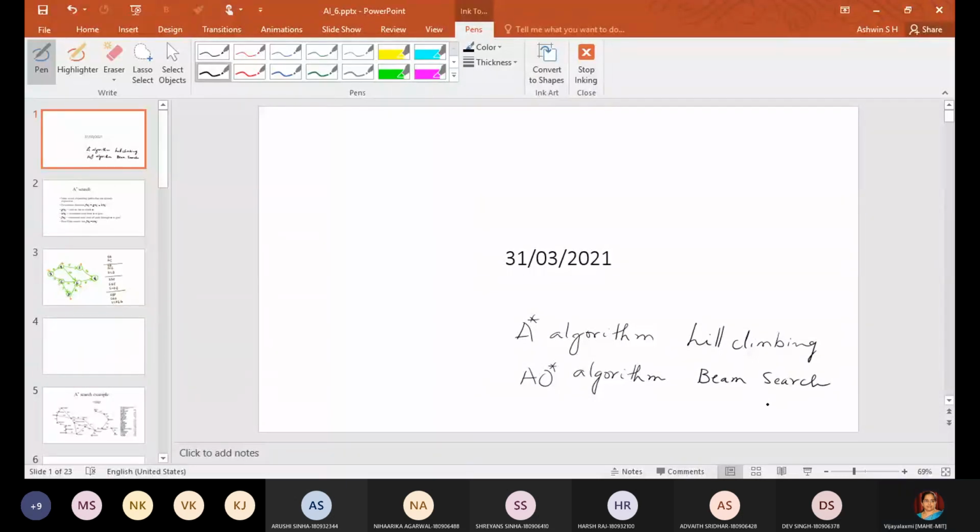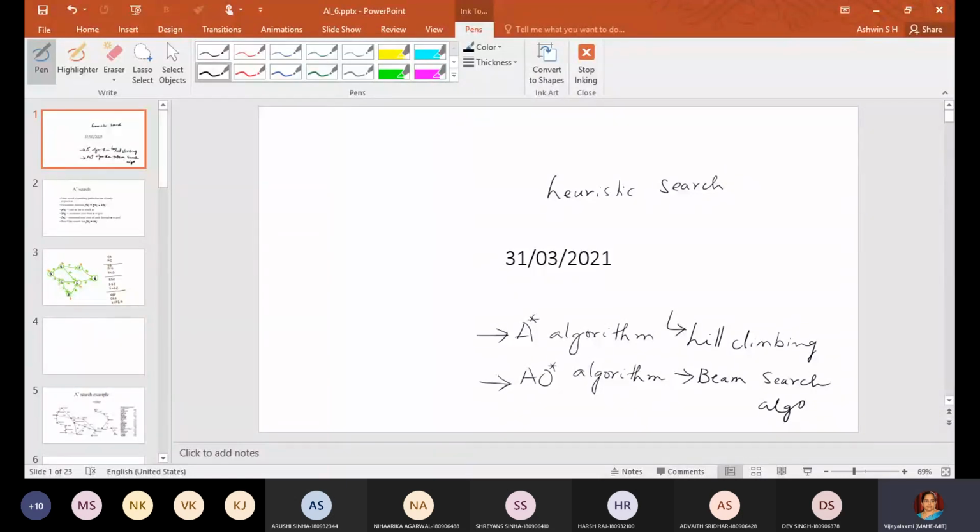Okay, so under heuristic search, we are discussing heuristic search. Under this, we are supposed to do these four algorithms. After that we are moving to the next chapter.